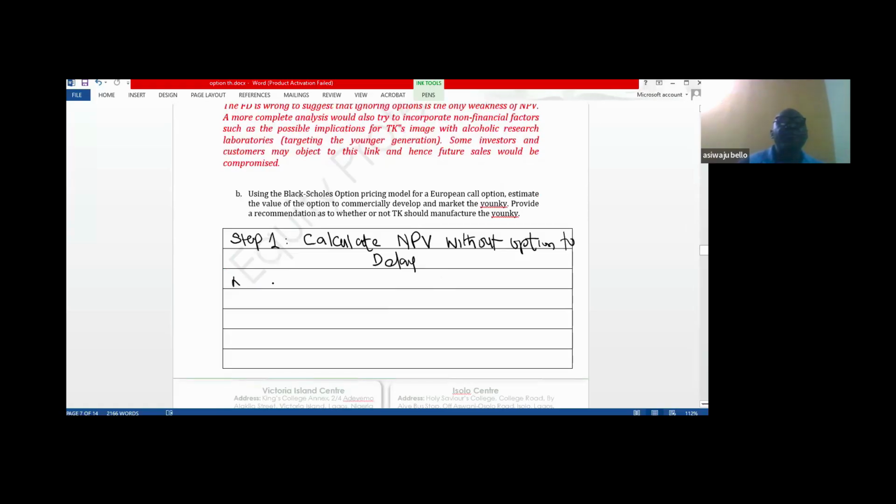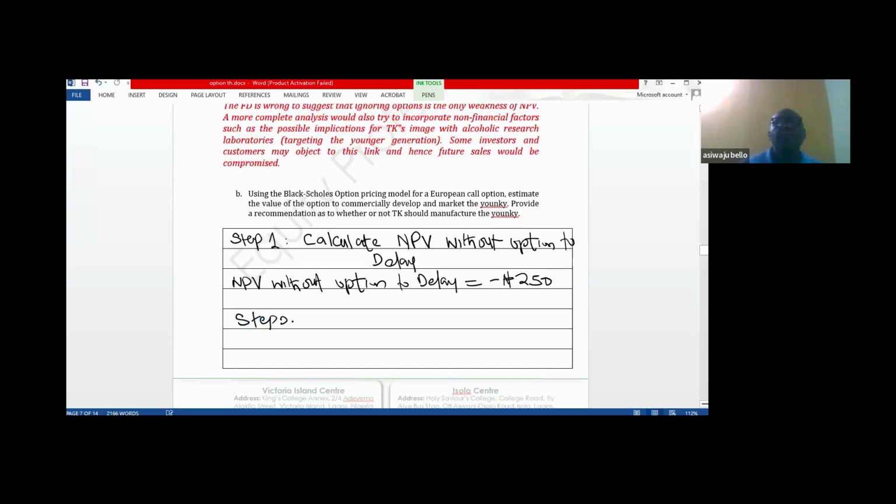NPV without option to delay is equal to negative 250 million. That's step 1.